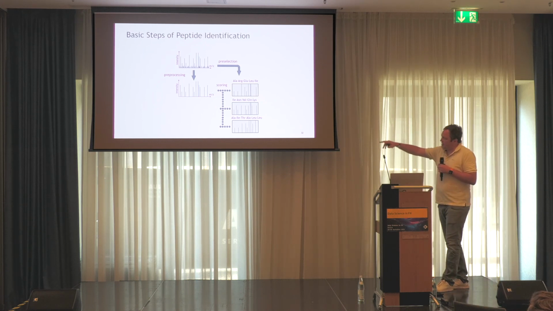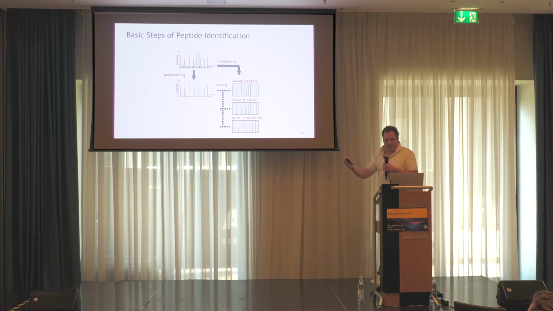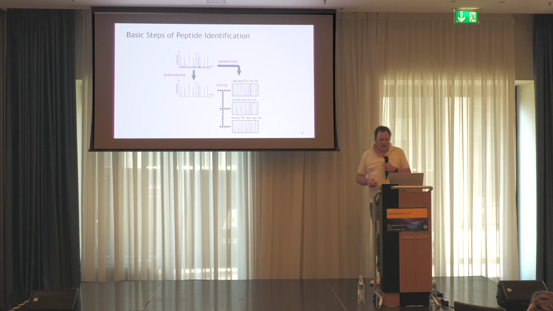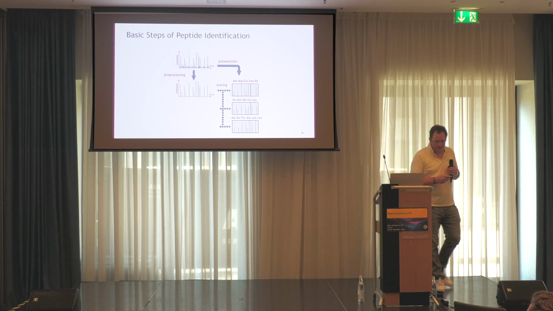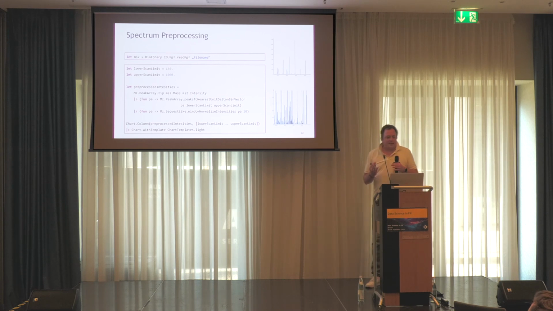And for every potential peptide we produce, as I just showed you, a hypothetical spectrum. And then we match the pre-processed spectrum with the hypothetical spectrum. Okay? Everything in F#. And this is how the spectrum processing looks.